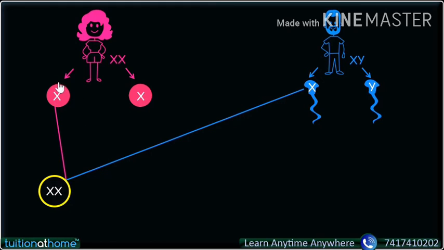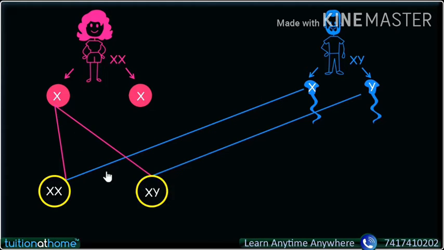When they are fused, then the XX genotype will be produced. Chromosomes produced will be XX. Now, the first X of the mother and the Y of the father, when these gametes get fused, we get XY. The genotype is XY.